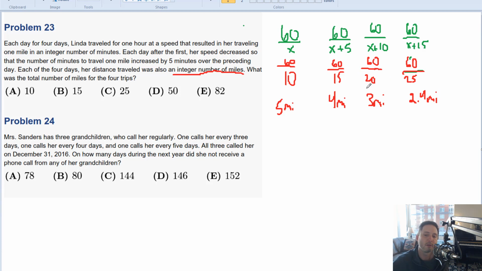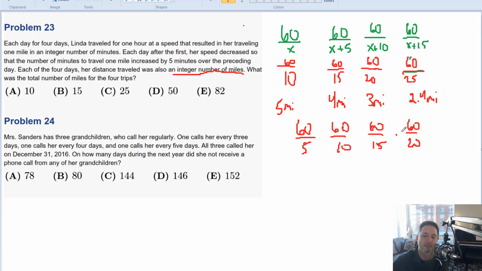Now, really, the only way to do this question is to think about what 4 numbers that are each separated by 5 units, like 4 multiples of 5 in a row, divide into 60. And it turns out that you're just supposed to eyeball this and say, hey, 5 divides into 60, 10 divides into 60, 15 divides into 60, and 20 divides into 60, right?